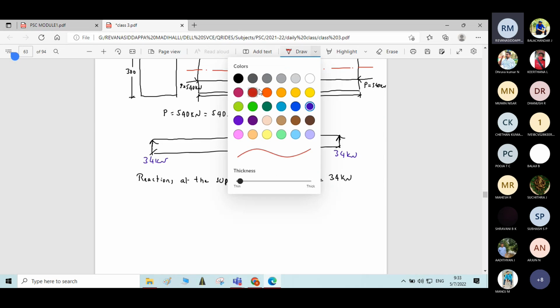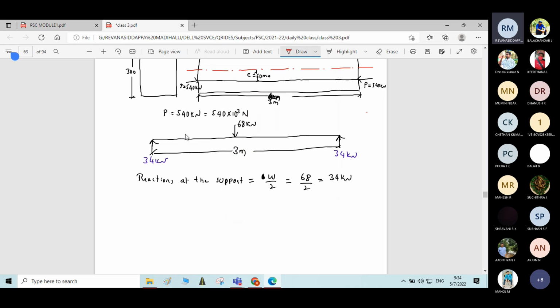Now we have to calculate the moment at quarter span. Quarter span means 3 divided by 4, 0.75 meter, and moment at midspan, that is 1.5 meter.